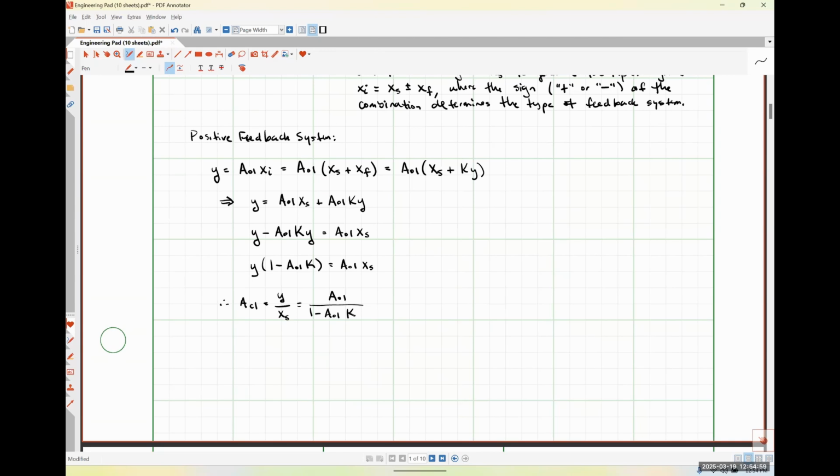So I have an open loop gain, and then I'm dividing it by a factor of 1 minus something. So if AOL times K is a quantity that is smaller in magnitude than 1, then my closed loop gain will always be greater than my open loop gain. Okay, so I'm going to make a note of that real quick.